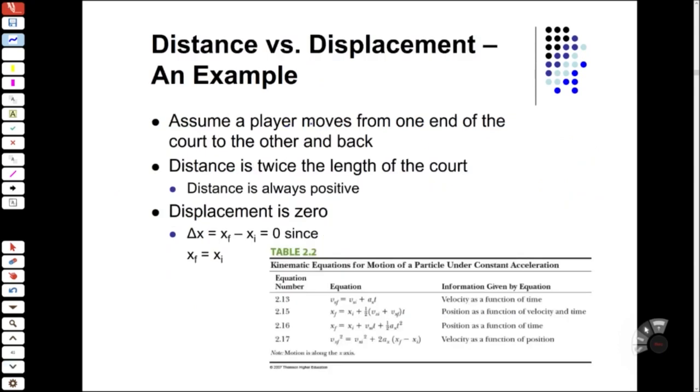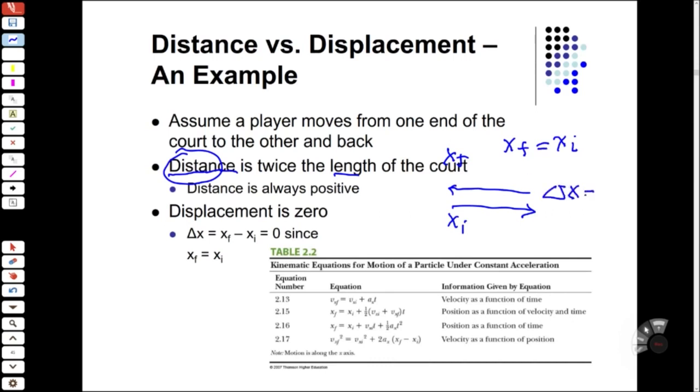Assume a player moves from one end of the court to the other and back. Distance is different from displacement. Distance is twice the length of the court. Distance is just the absolute distance that a particle, or this man for example, has moved. But displacement is 0. You start from x initial and you come back, and the x final position and x initial position are the same.